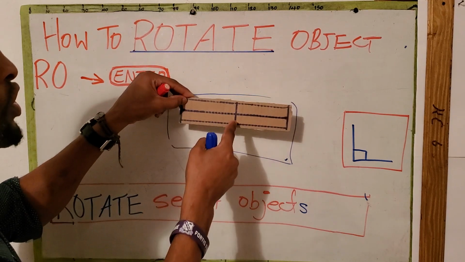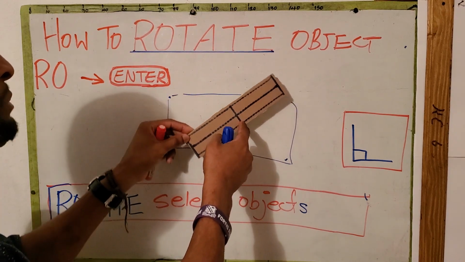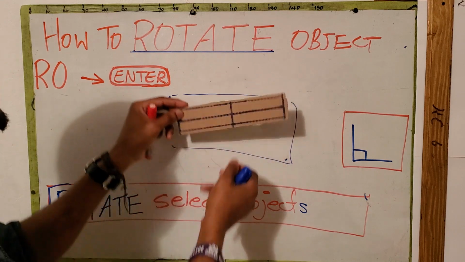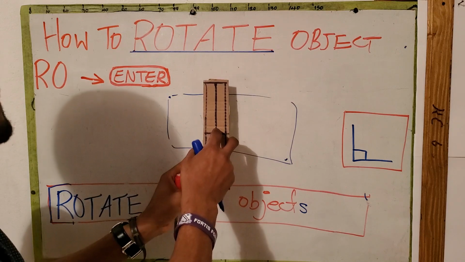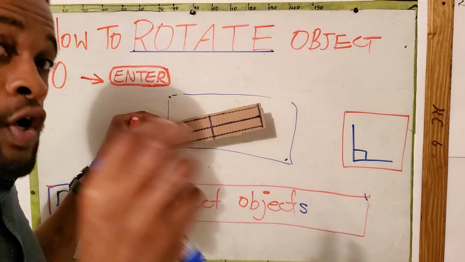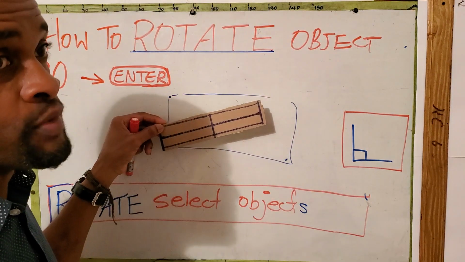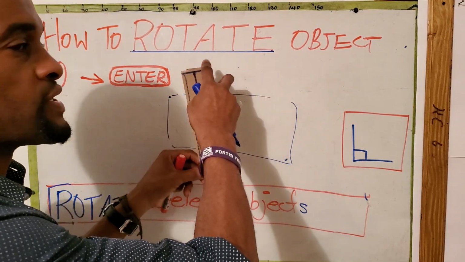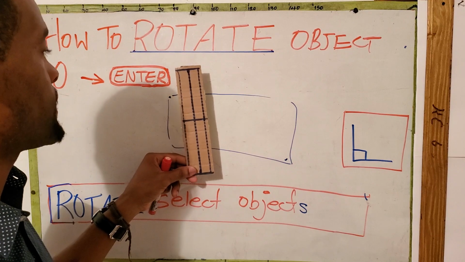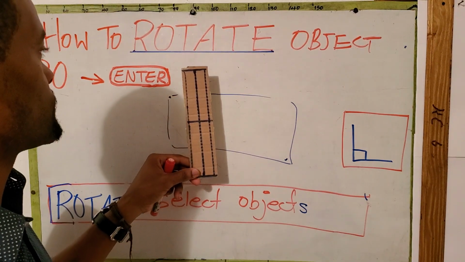If you choose here as a base point, the object will pivot at this point. If you choose here as the base point, the object will pivot in the middle. It is also important to know that objects rotate in an anti-clockwise direction. Very important to note.